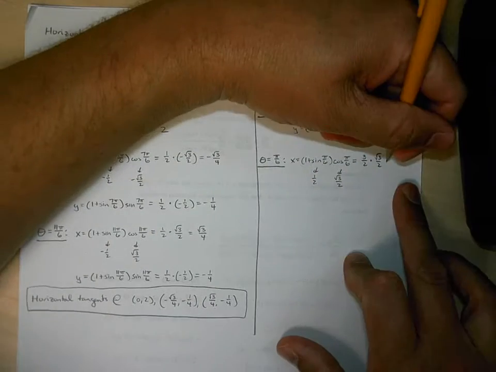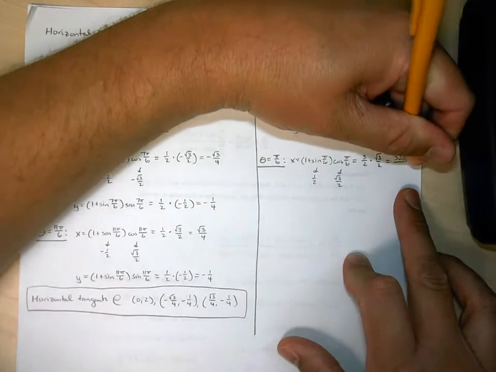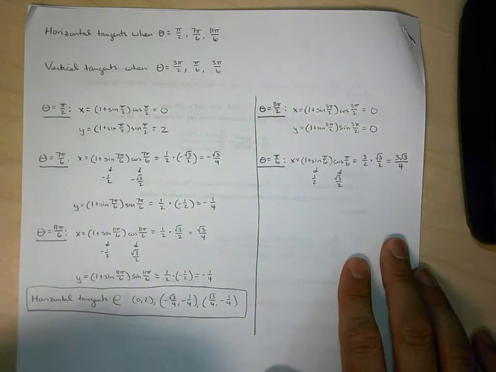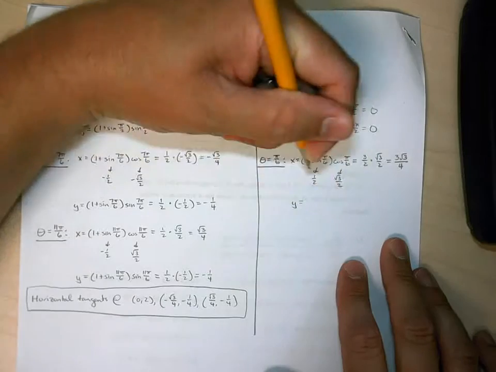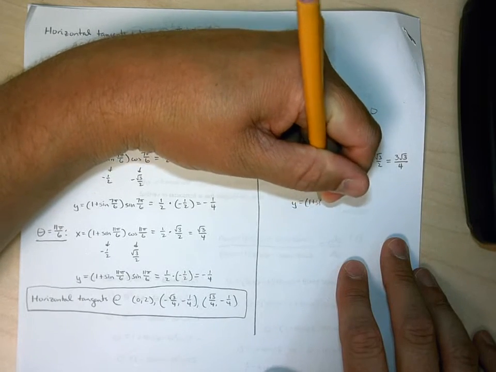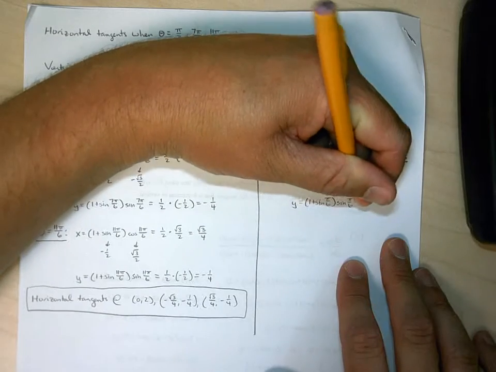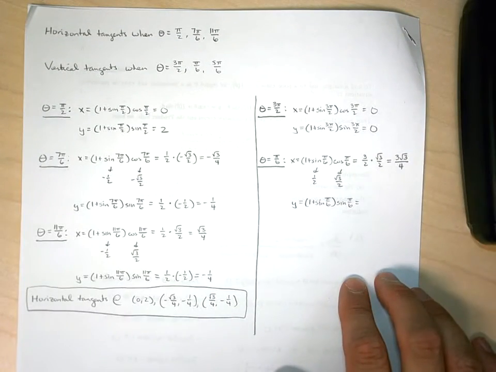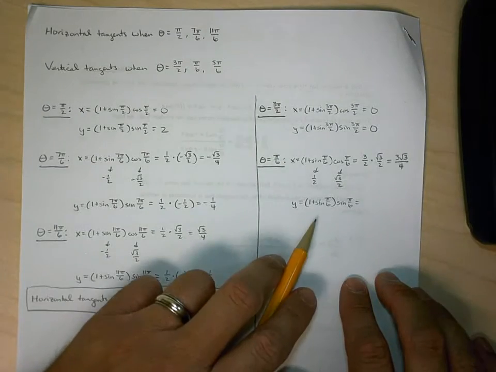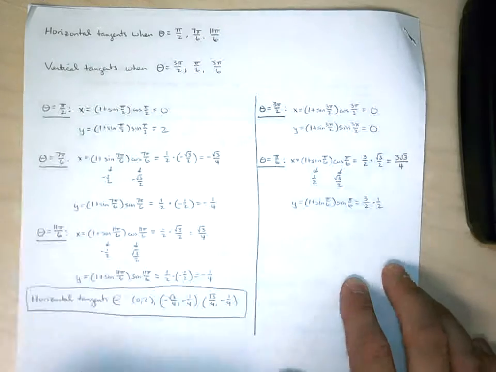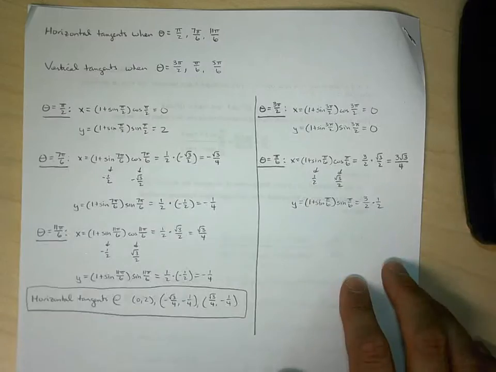So I'm looking at 3 square root 3 over 4 for my x coordinate. For y, I'm looking at 1 plus the sine of pi over 6 times the sine of pi over 6. We already know this is 3/2. Sine of pi over 6 is 1/2. So I'm looking at 3/4.